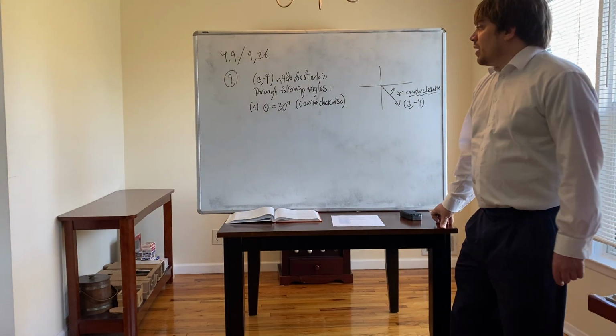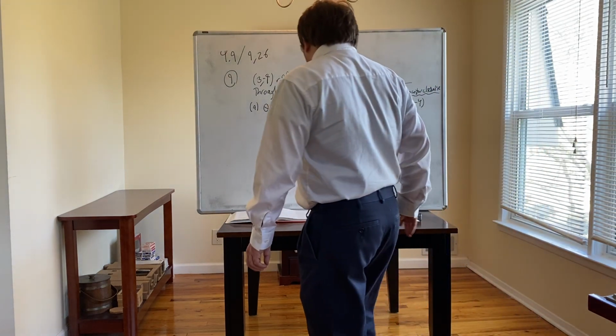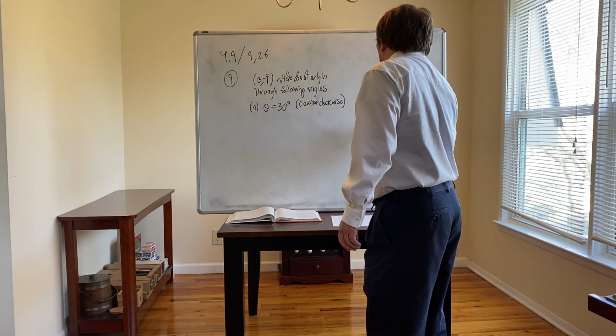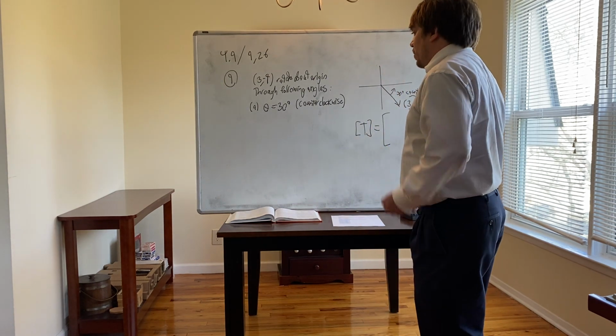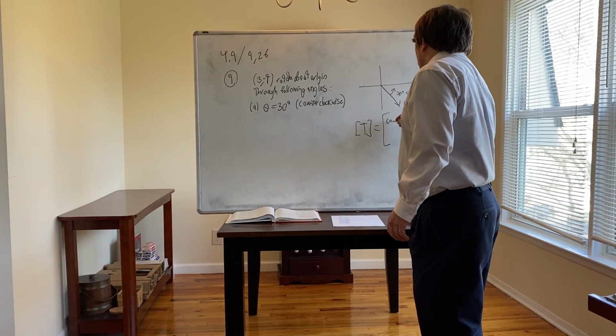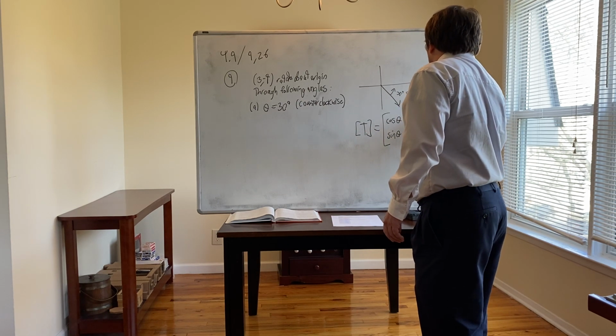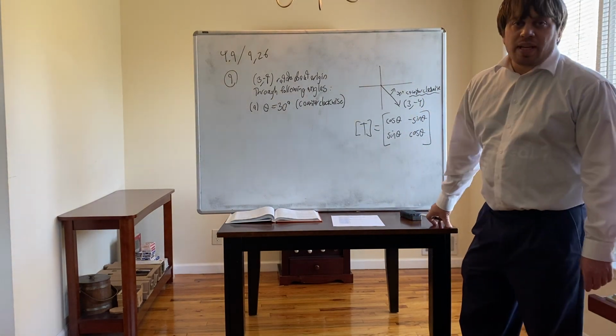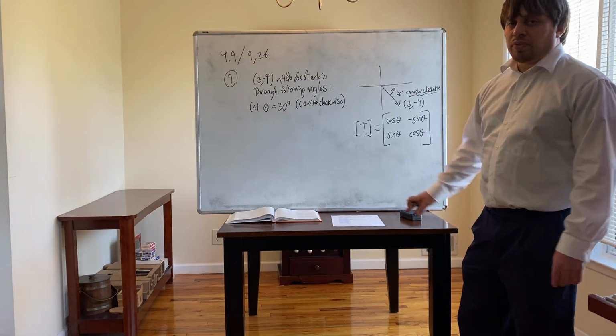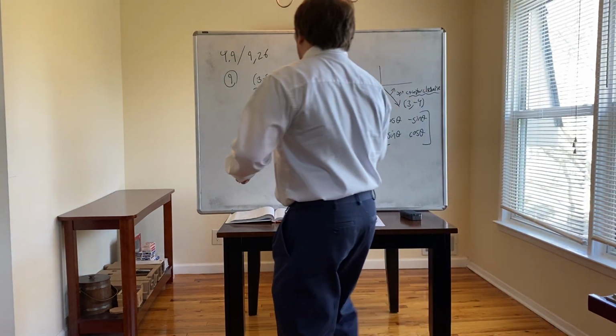Okay? And so to do that, the standard matrix for this operation is: the first column is cosine theta, sine theta, and the second column is negative sine theta, cosine theta. Okay? And so you just plug in the angle into that matrix, and you left multiply your column matrix by it.